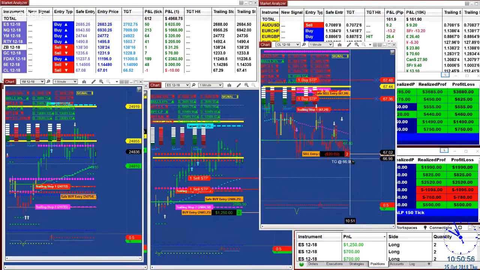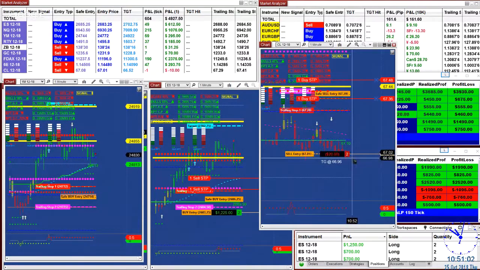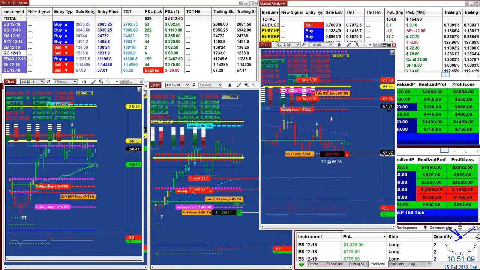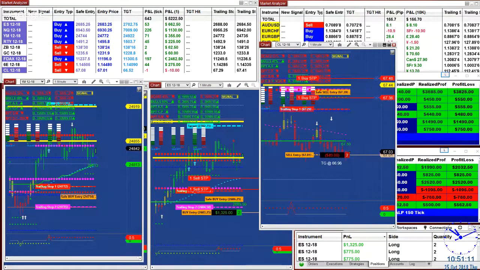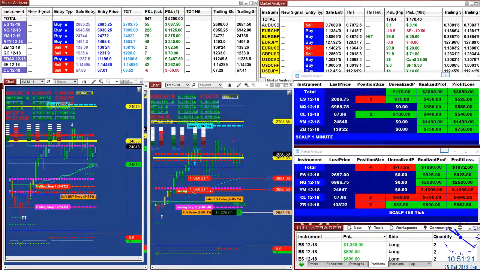Sell, please. It's about to break down on the CL. Limit order, not market order, please. And I will keep my eye on it on a sim, please.